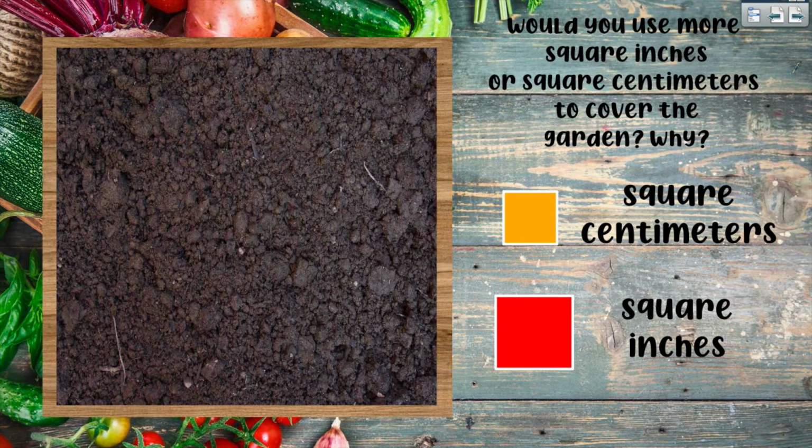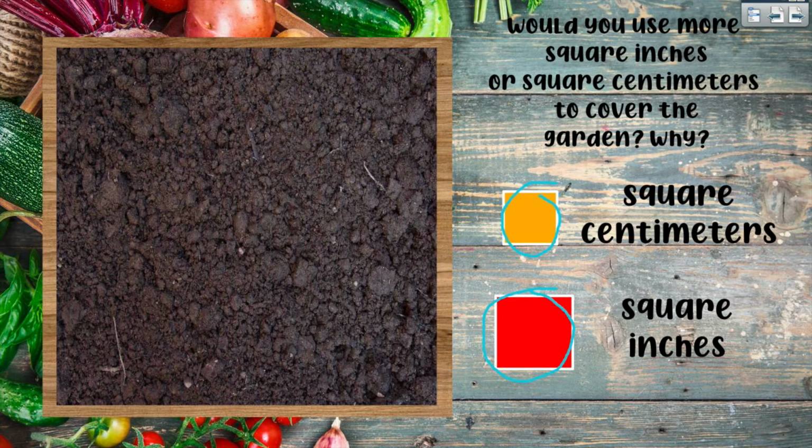Okay, so I want to end this lesson with a question for you. Would you use more square inches or square centimeters to cover the garden, and why? So we're looking at square centimeters, which is this large, versus square inches, which is this large. Which one is the smaller unit?